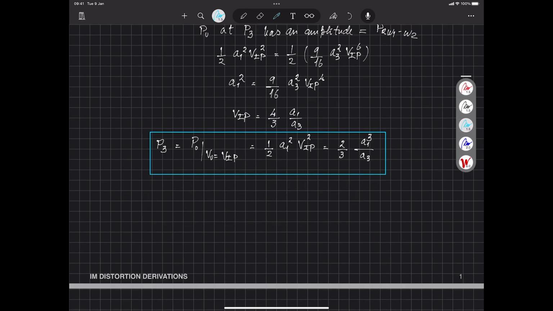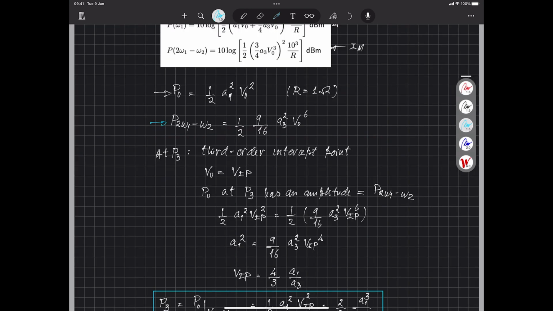We see that the third order intermodulation power varies with the power of 6 of the amplitude, whereas the linear response varies with the square of the amplitude.